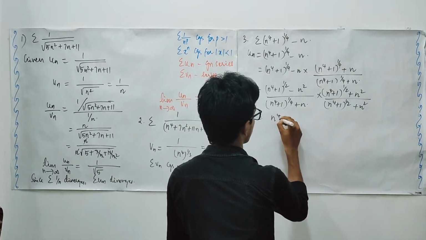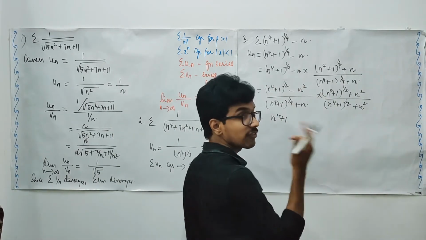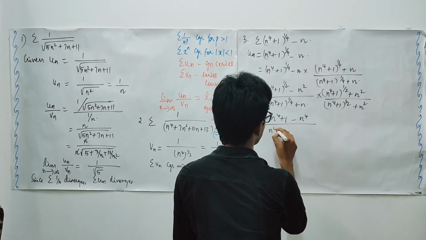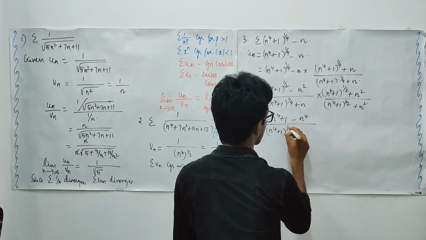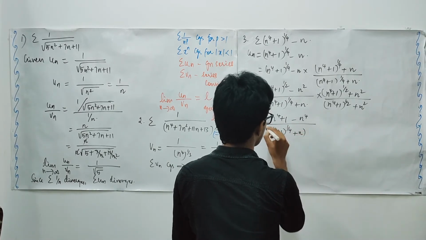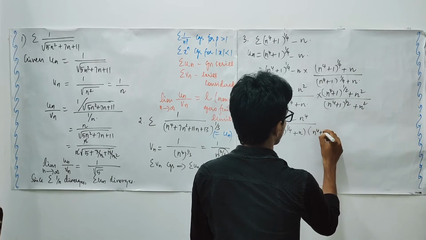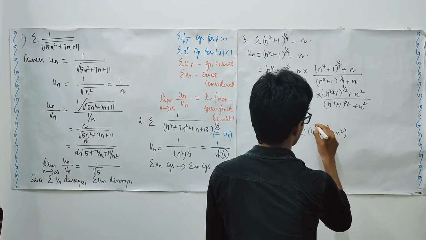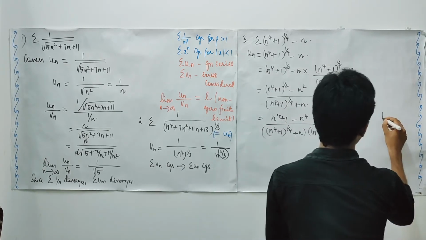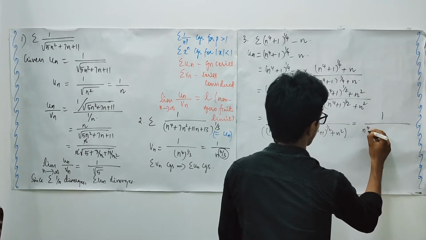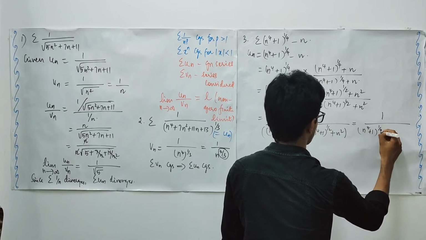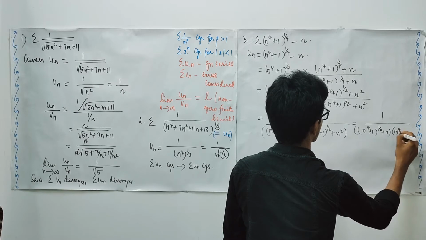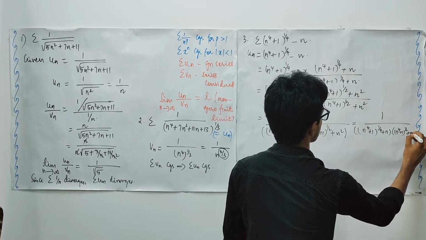So it is going to be n power 4 plus 1, half of becomes 1, and minus n power 4 upon n power 4 plus 1 to the power 1 by 4 plus n times n power 4 plus 1 to the power 1 upon 2 plus n square. Right? It is simply 1 upon n power 4 plus 1 to the power 1 upon 4 plus n, n power 4 plus 1 to the power 1 upon 2 plus n square.